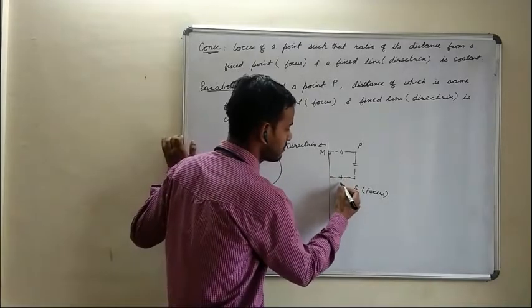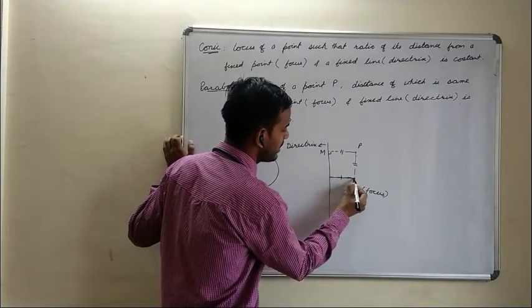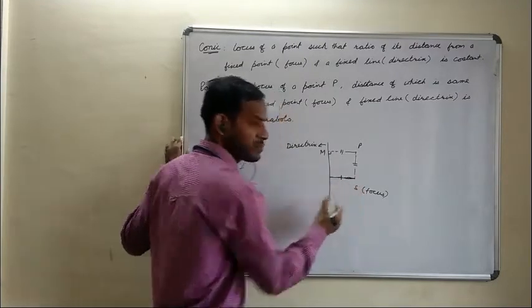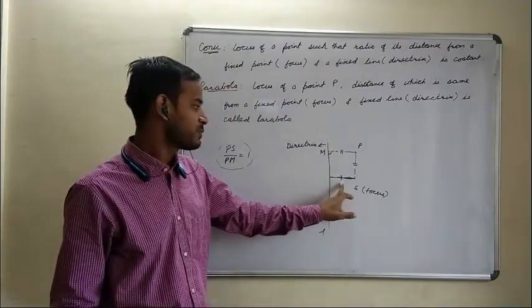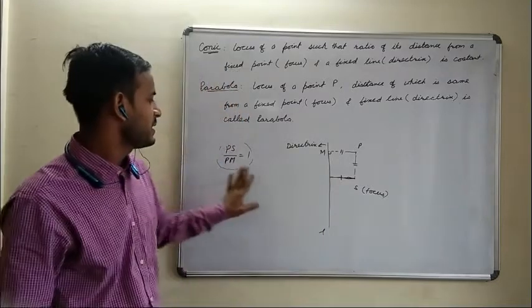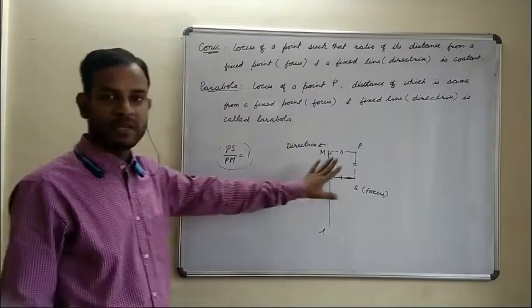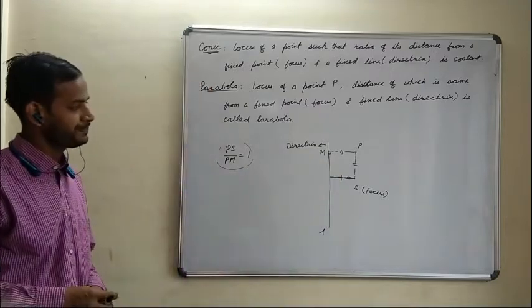If point P comes in this position, then PM will be equal to PS. Hence, this will be midpoint of this particular line. So, by diagram, we can say that this point lies on parabola. Okay. So, as long as PS is equal to PM, point P is going to lie on parabola.